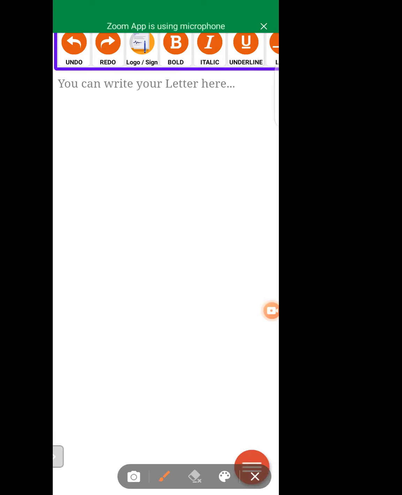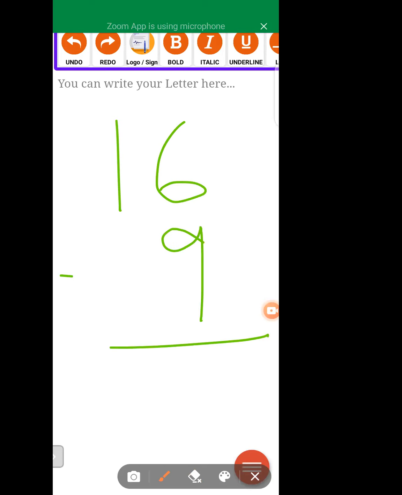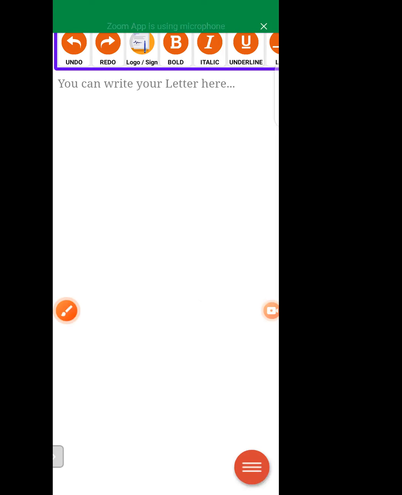Let's say we have something like 16, and we are subtracting 9. For you to be able to subtract this one from this one, this person has to borrow some money from this one. That's how the market is talking about. I hope it's clear.